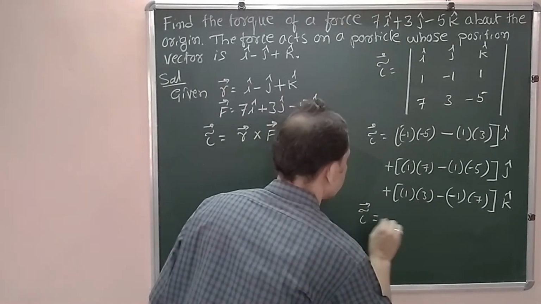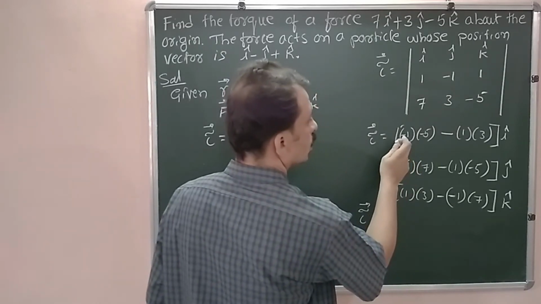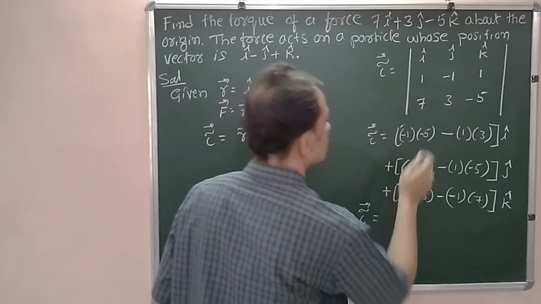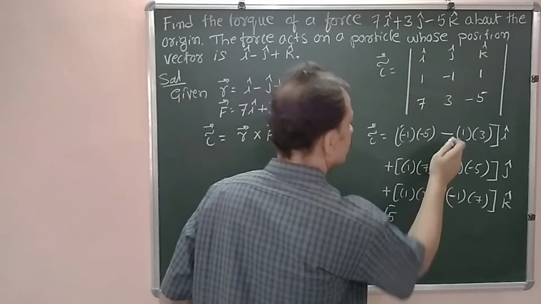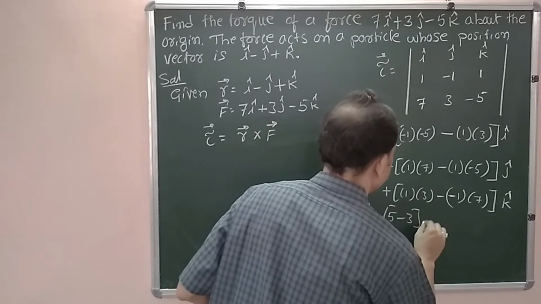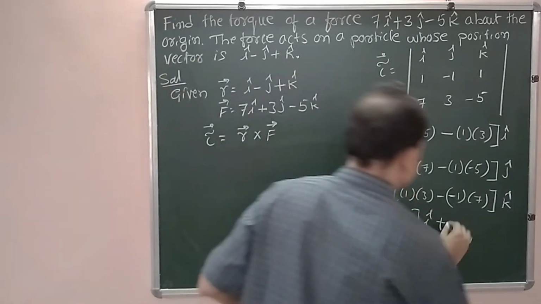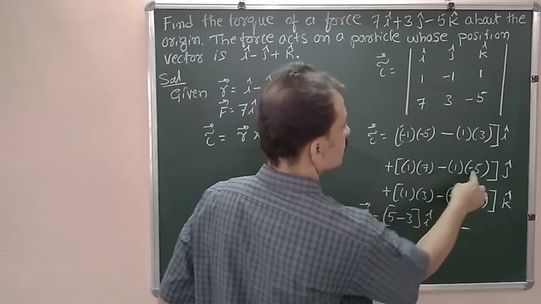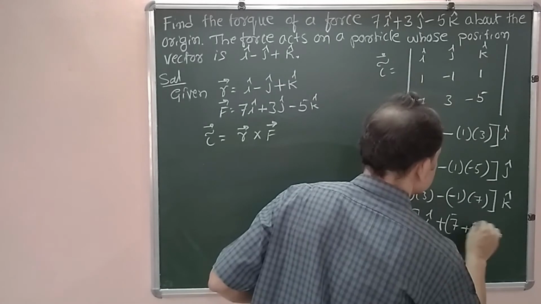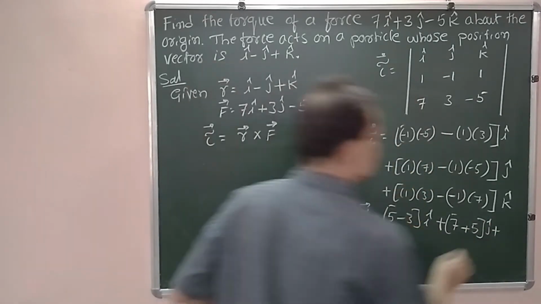Therefore, the torque acting on this is equal to: -1 into -5 is 5. I will write one more step: minus 3 into i cap, plus 7 ones are 7, minus into minus plus 5 j cap, 3 ones are 3.